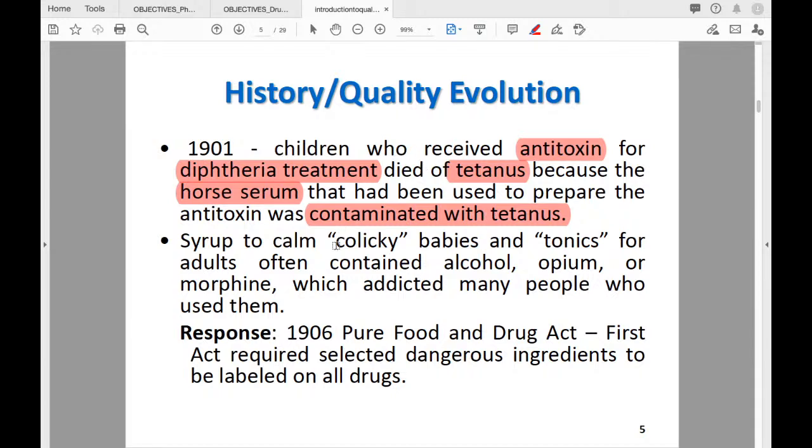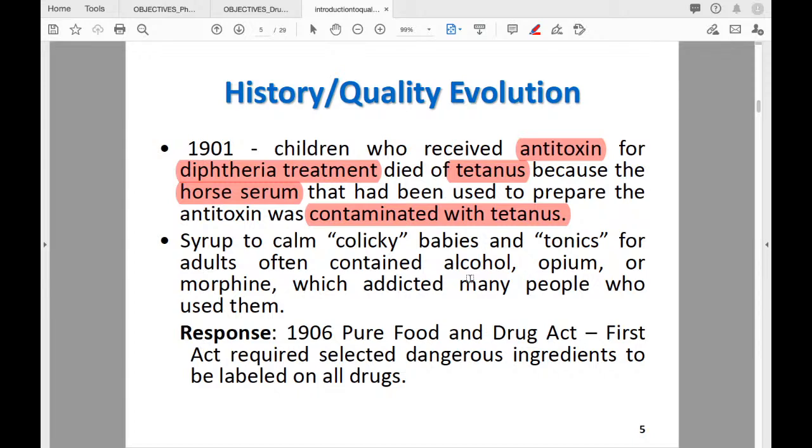Then there were syrups to calm colicky babies and tonics for adults, often containing alcohol, opium, and morphine, which addicted many people who used them. Some cough tonics were available in the market, with morphine and opium in them. Initially they were used as medicines, right?